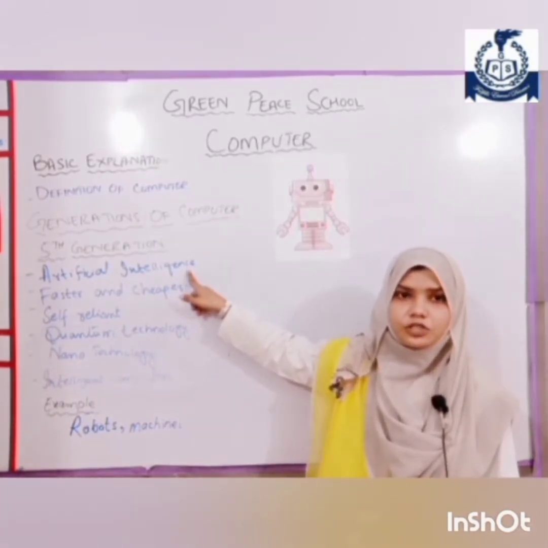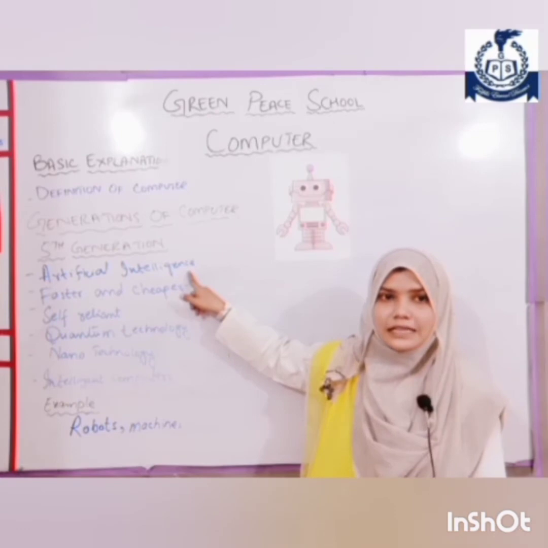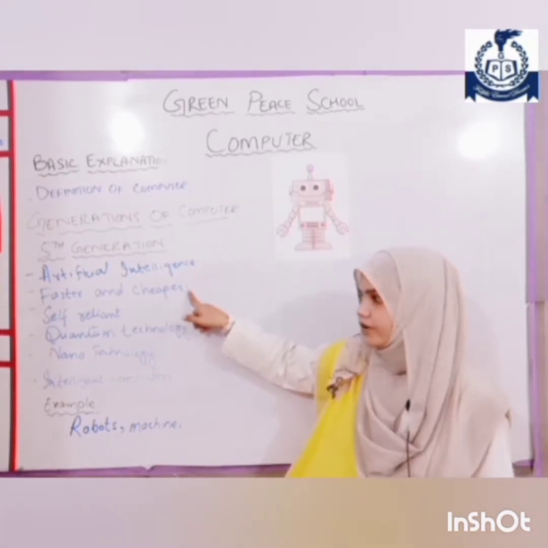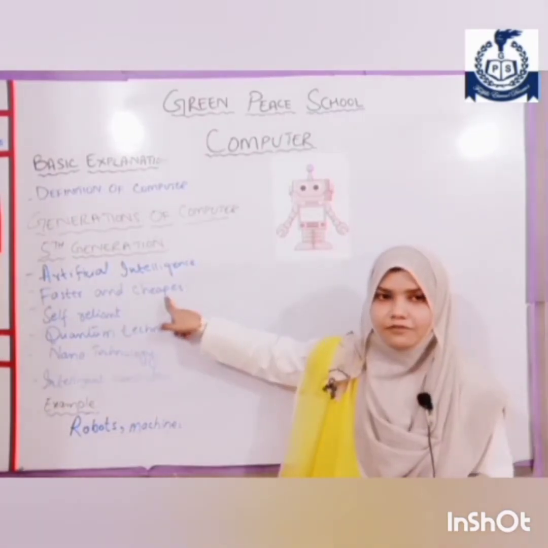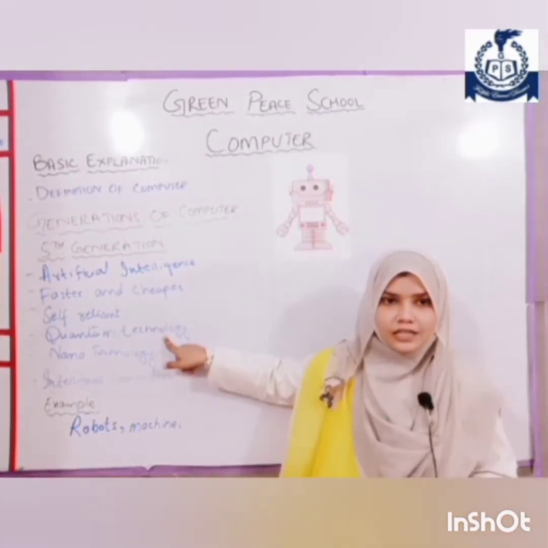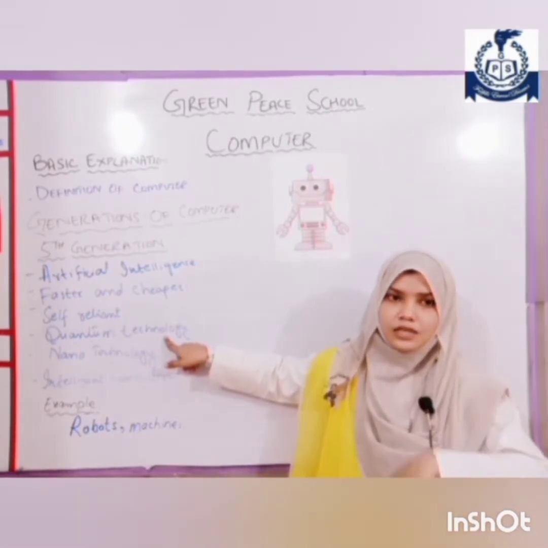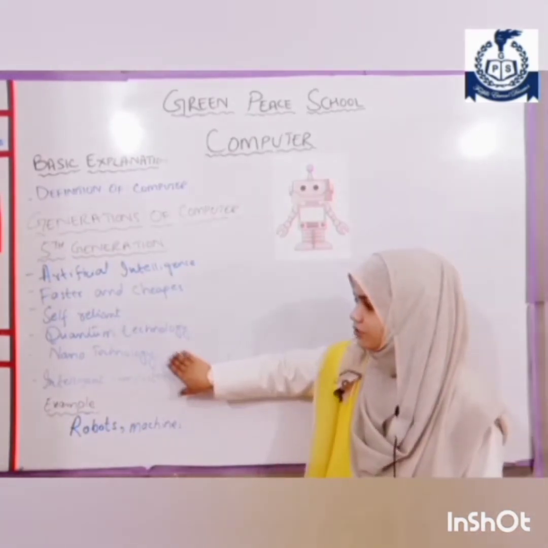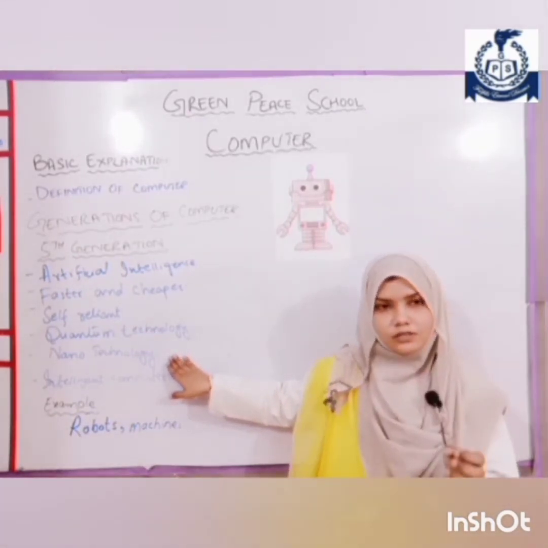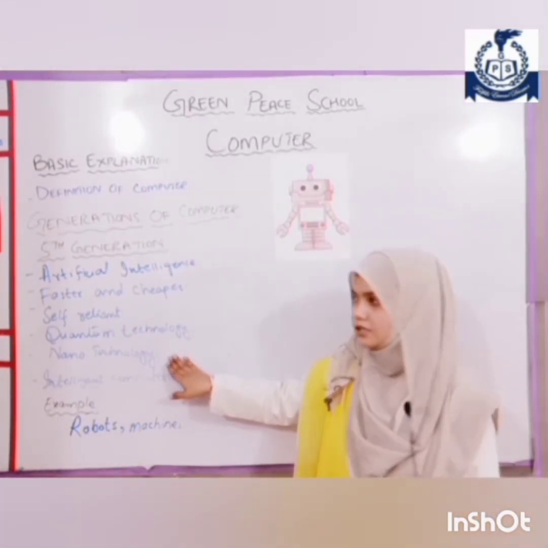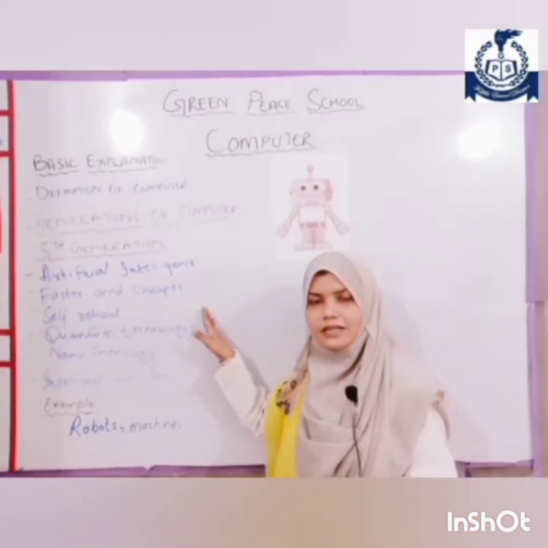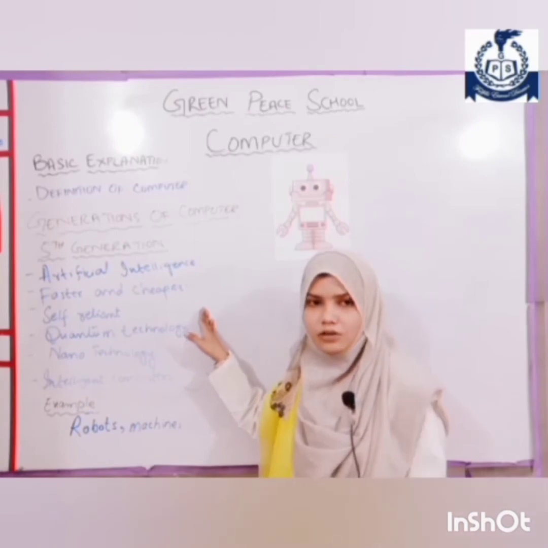They will use ULSI, Ultra Large Scale Integration technology, making them even faster, cheaper and self-reliant, combined with quantum technology. The next generation computers are going to be intelligent computers, and they work on nanotechnology. Nanotechnology means it works in nanoseconds and microseconds. It performs any task within a second, faster.